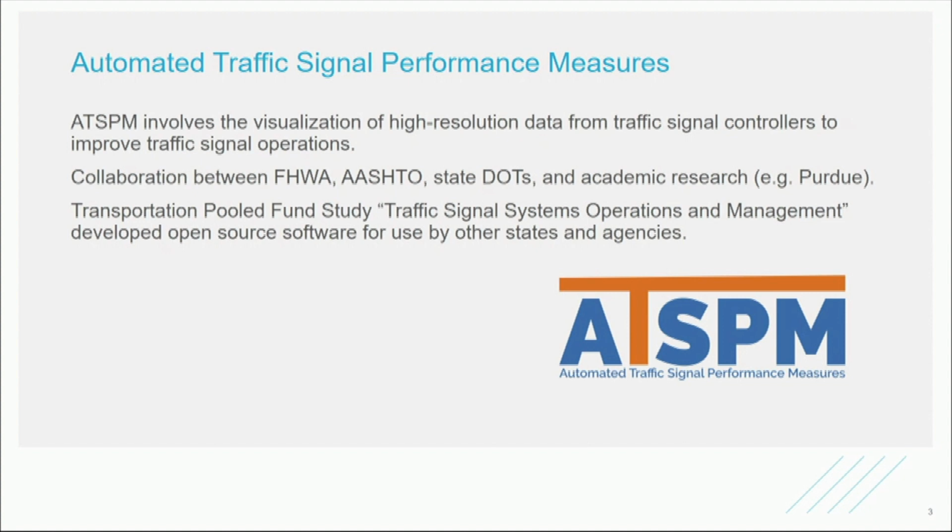Right now Utah DOT is the keeper of that and maintains it, but other states, like Florida and Georgia, are collaborating and adding new content, which is then included in future updates. The benefits of ATSPM we see are targeted maintenance, improved operations, and increased safety.